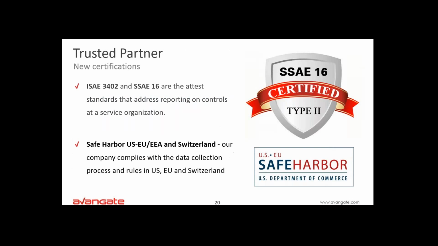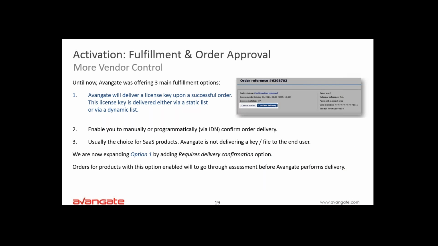Right. And this is also to contribute to the way you manage the customer lifecycle, the customer stages, the activation process, and the relationship you have with it, and Avangate being a partner in helping you having this in place.